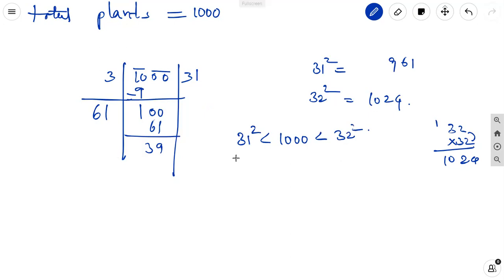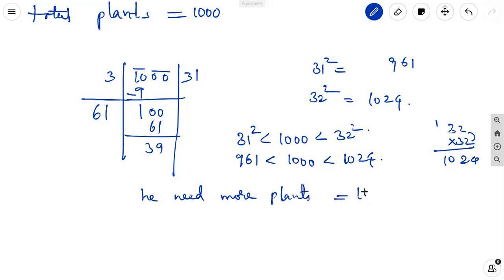Here 961 is less than 1000 is less than 1024. How many do we need? He needs more plants. Equal to 1024 minus 1000 equal to 24.